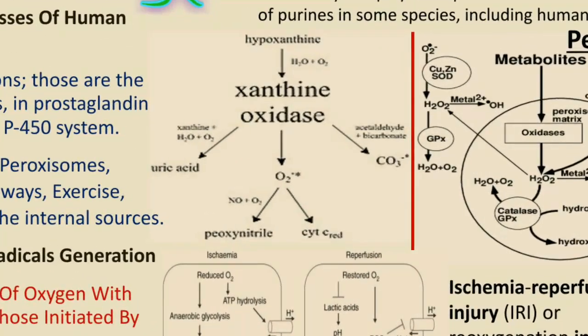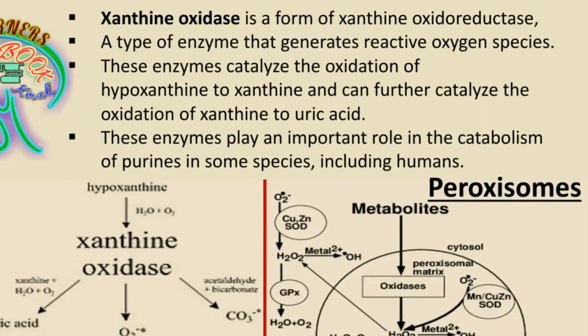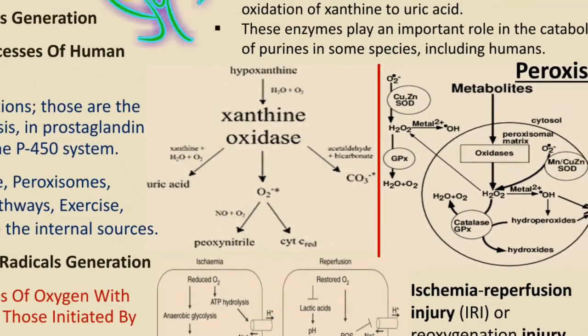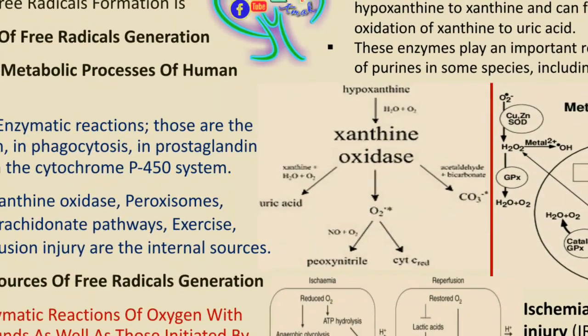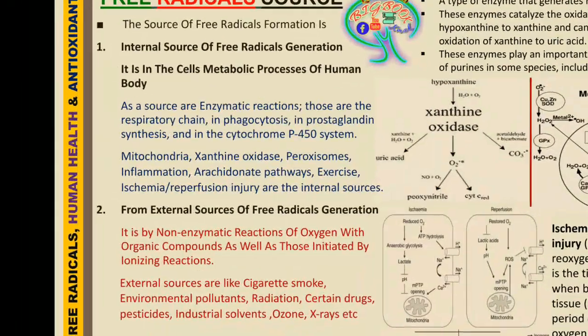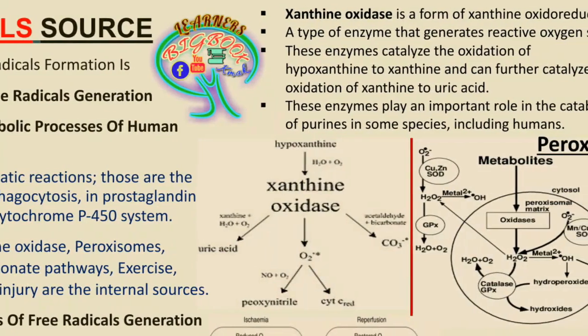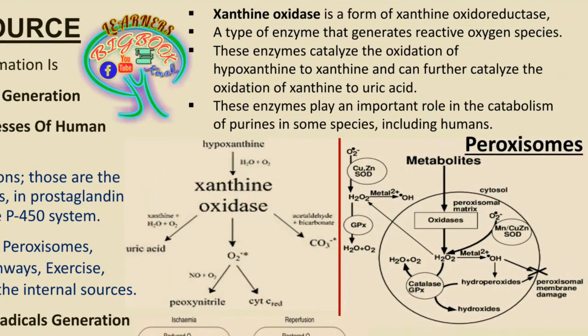Now when you are going to consider, here I have mentioned certain processes out of these internal and external, but I have taken majorly the internal processes, that is the xanthine oxidase.